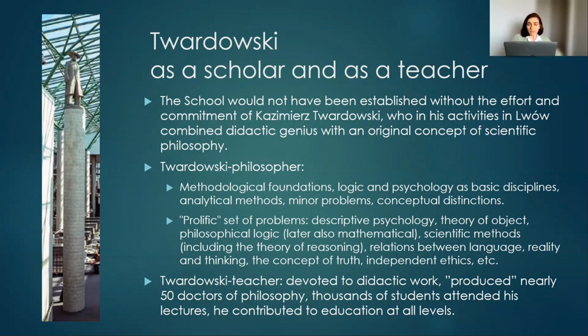According to Twardowski, there are two basic philosophical disciplines, and now you may be surprised, because this was something he took from Brentano: one of the basic disciplines was psychology, but the psychology has to be considered as descriptive psychology in Brentano's sense. So it was a kind of theory of mind, something we now call philosophy of mind, because in descriptive psychology they analyze the elements of our consciousness.